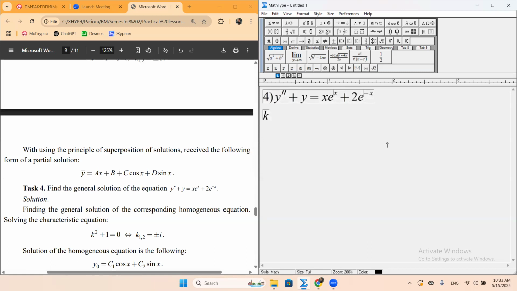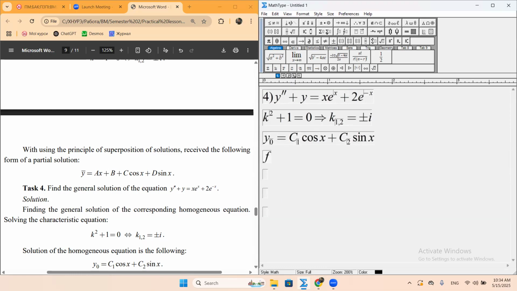Writing down the characteristic equation, k squared plus 1 equals 0, then k1,2 equal plus minus i. So the solution of the homogeneous equation will be C1 cosine of x plus C2 sine of x. So done with it.